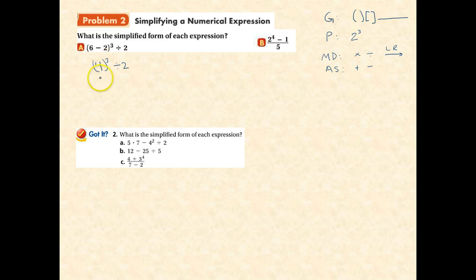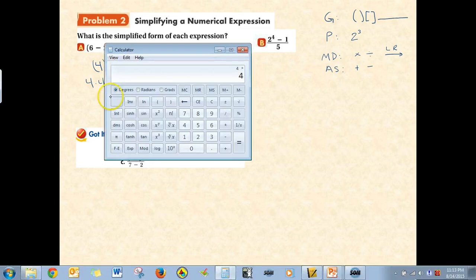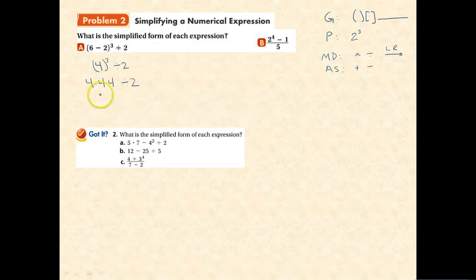So 4 to the third power means 4 times 4 times 4, which is 64. So now we've got 64 divided by 2, and 64 divided by 2 is 32.